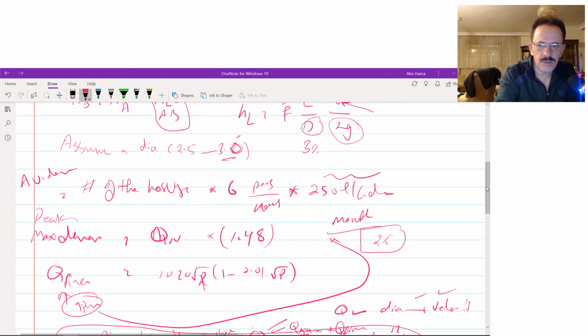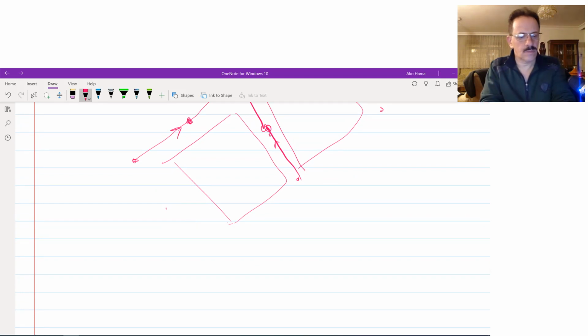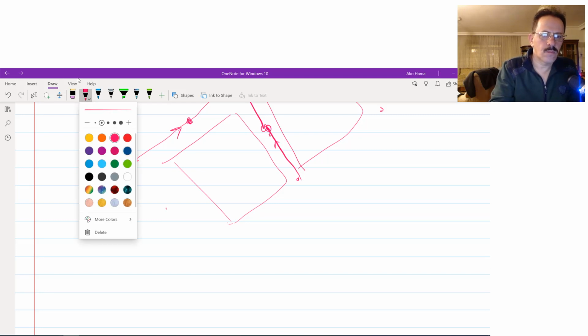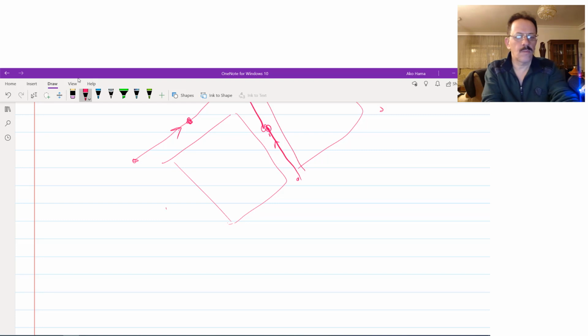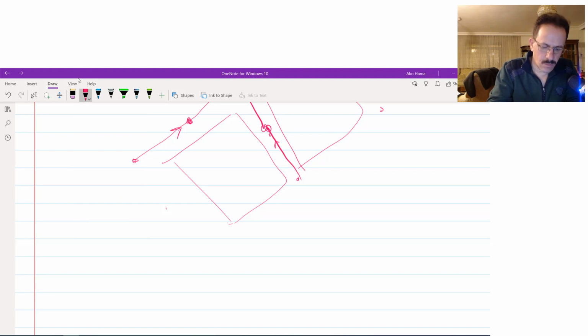So let's say that we are done with the manholes. So what should I do? First of all, starting with manhole number 1, manhole number 2, manhole number 3, and manhole number 4.